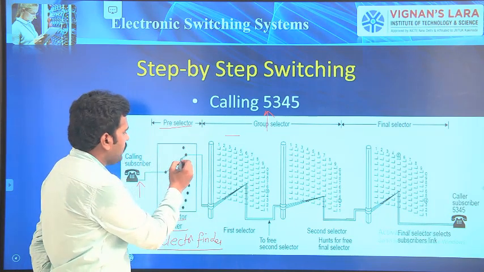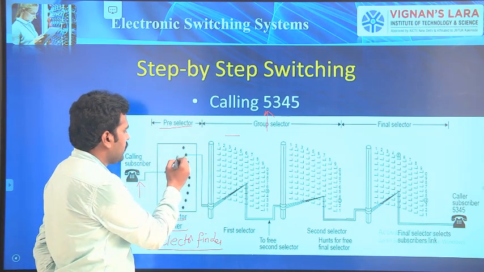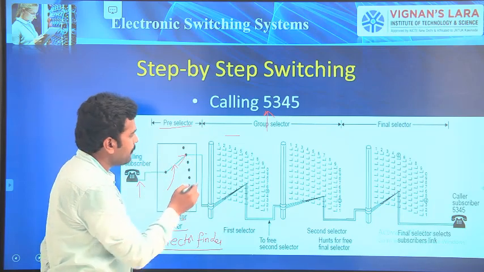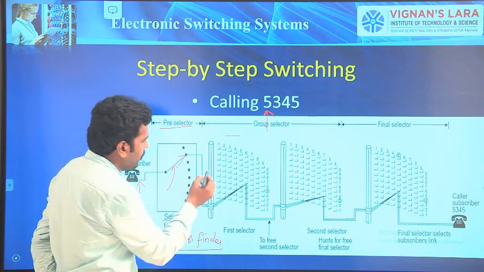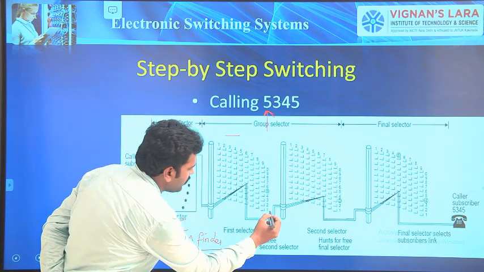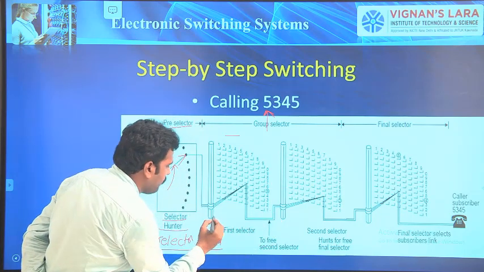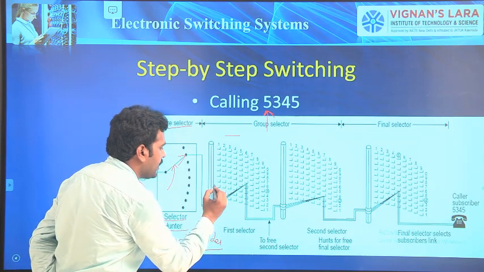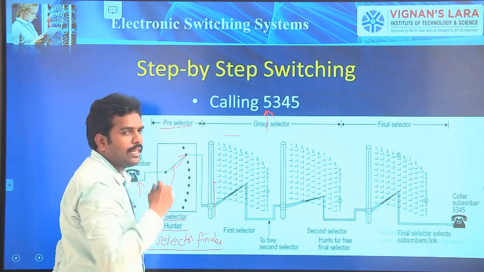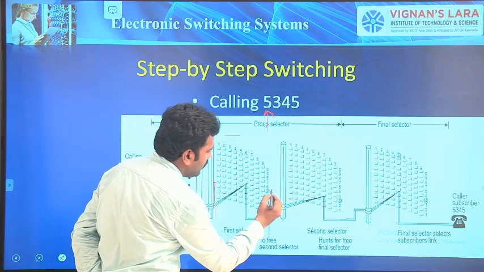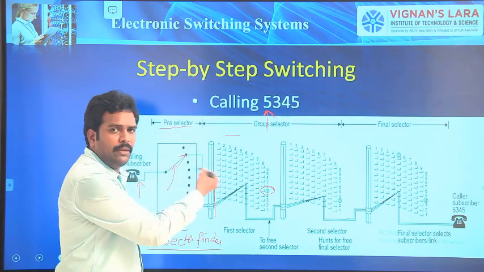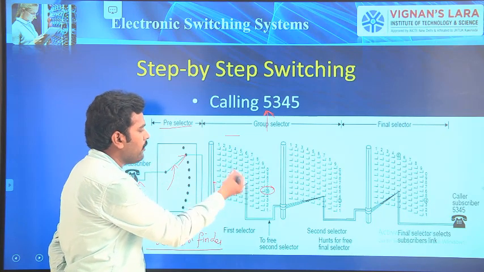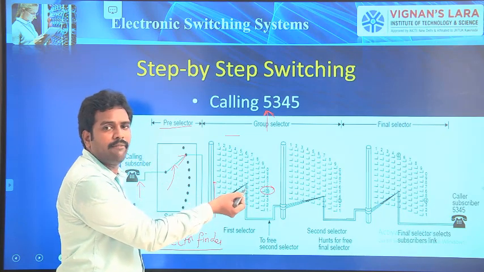Once the selector selects some outlet, the first number is 5. Therefore this wiper will move vertically until it reaches the 5th level. In this 5th level, it may select any one of the contact points based upon availability.